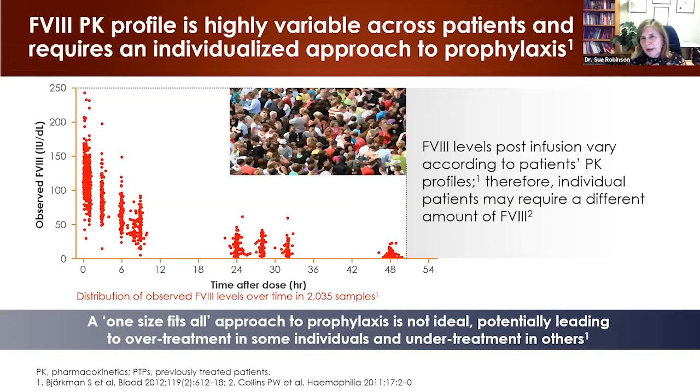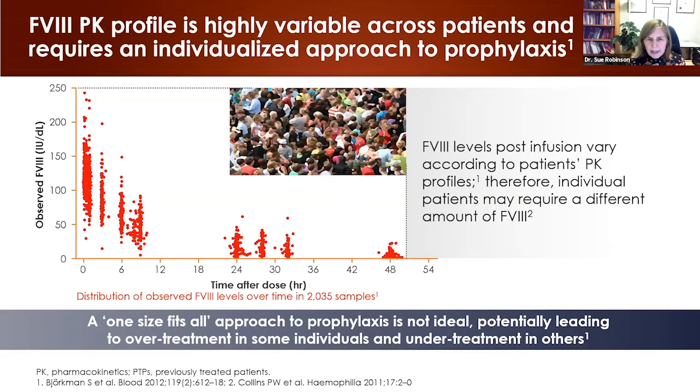And that would be when the factor VIII is activated and stops bleeding. And also there are molecules on the liver cells that mop up factor VIII and take it out of circulation. So the PK profile is highly variable across patients and requires an individualized approach to prophylaxis.